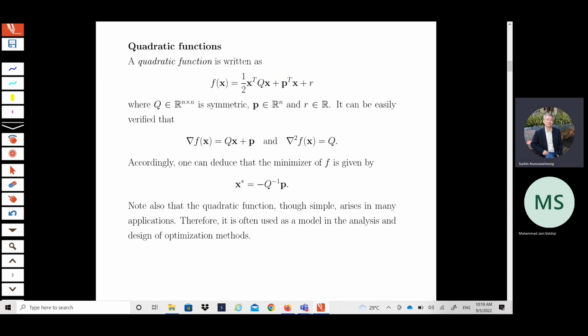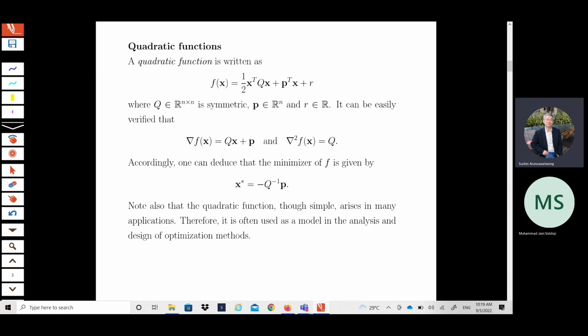A quadratic function is a very simple nonlinear function. If we cannot minimize a quadratic function efficiently, then the method shouldn't work for other nonlinear functions, right? Because this is probably the easiest. This is a very easy problem in nonlinear minimization.